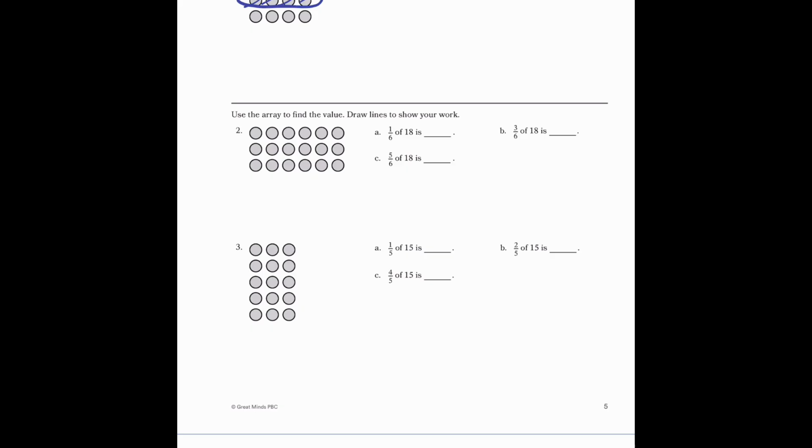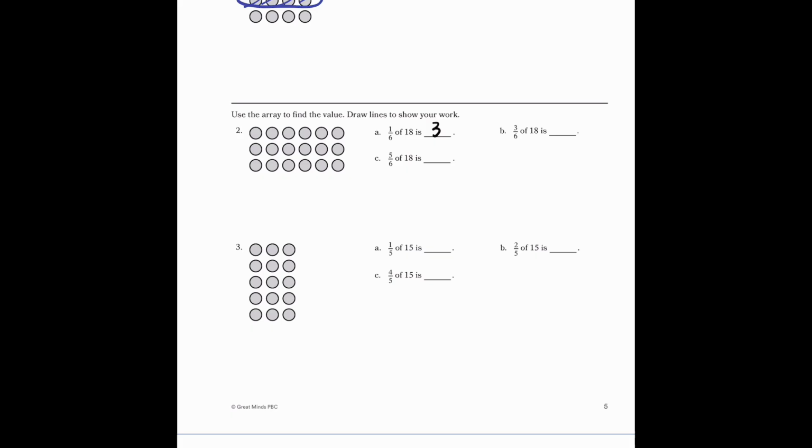So 1 of 6, I'm going to circle 1 group out of those 6 groups. So I could split this into 6 groups. And then I will circle 1 of them. 1/6 of those is 1, 2, 3. Okay. Now I'm going to erase those lines so we can get a clear picture.